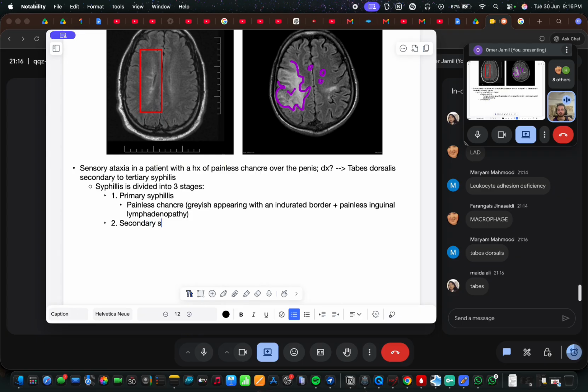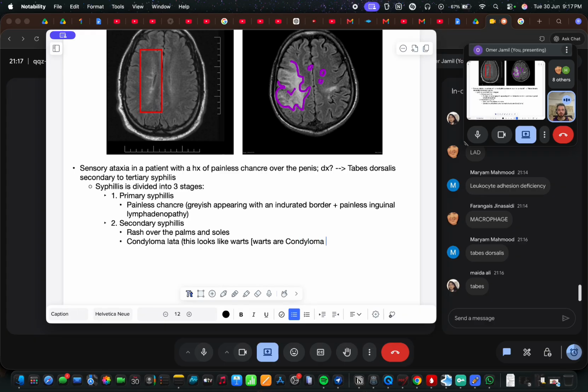Secondary syphilis, you're going to see a rash over the palms and soles, and you're going to see condyloma lata. This looks like warts, and remember warts are condyloma acuminata, secondary to HPV.